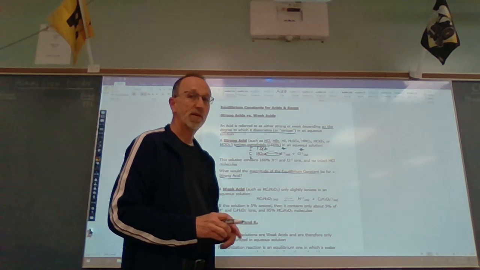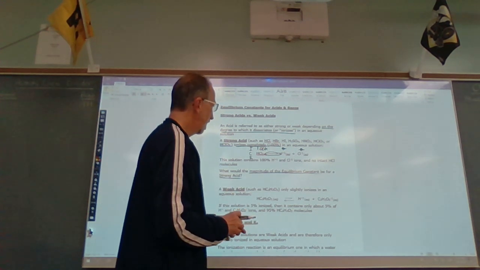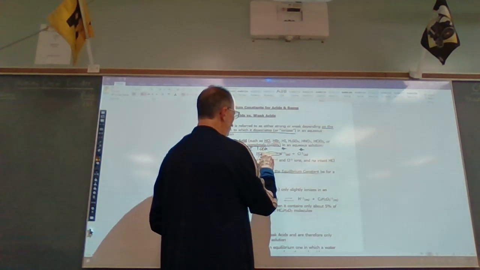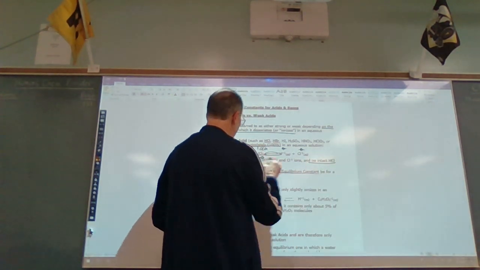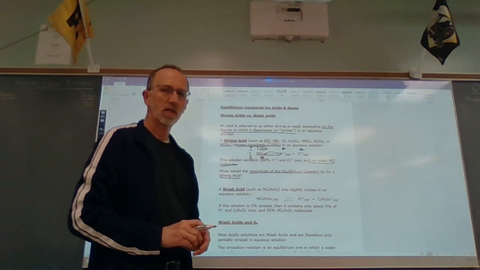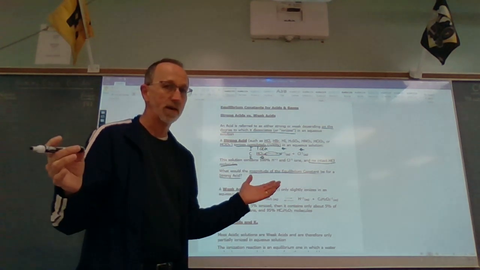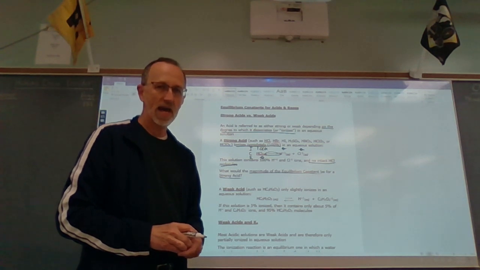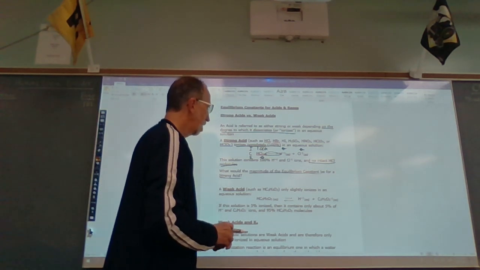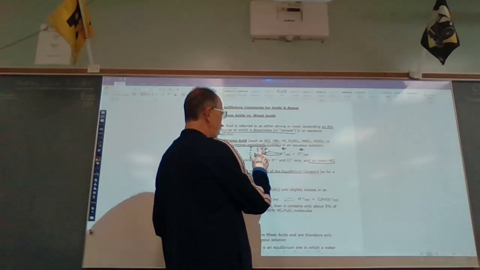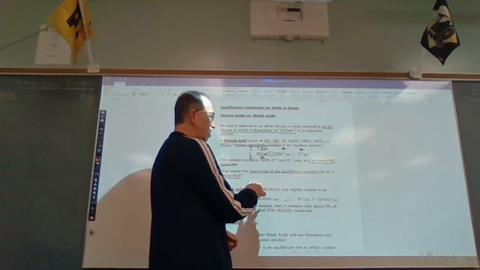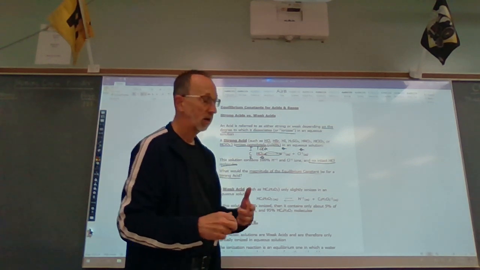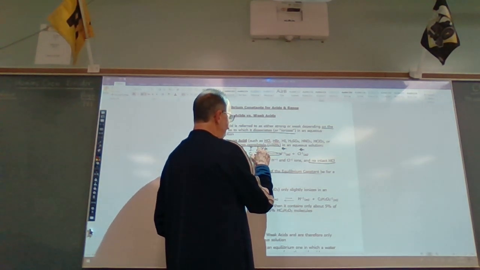At equilibrium, if we had an equilibrium established, there would be no intact HCl molecules remaining. In other words, all of them, however many there were, would be ionized to hydrogen ions and chloride ions. So our change from 1.00 molar to 0 is a reduction of 1.00 molar.